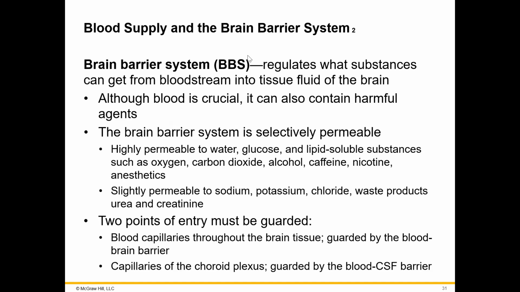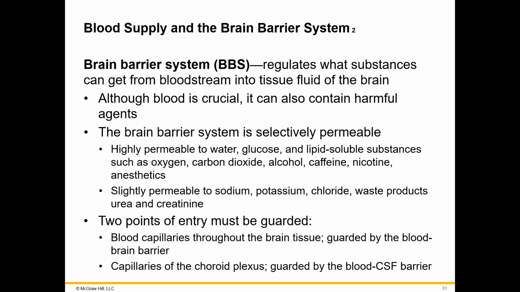So the brain barrier system is important because it regulates what substances can get from the bloodstream into the tissue fluid of the brain. Although the blood is crucial, it can also contain harmful agents. So the brain barrier system is selectively permeable.